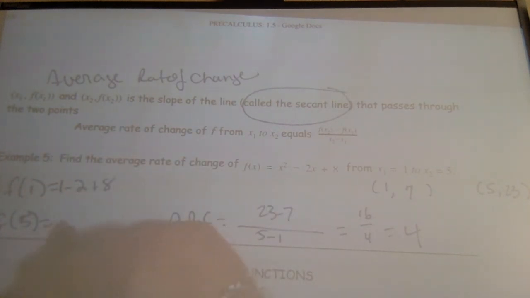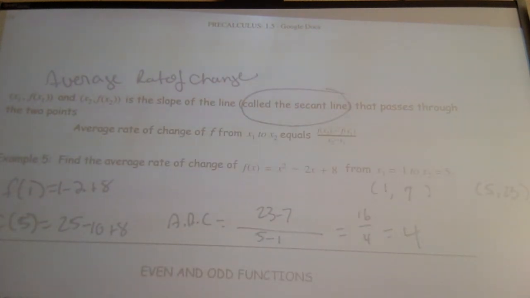When I plug in 5, I get 25 minus 10 plus 8, which gave me my two ordered pairs. And then I just found the average rate of change. Questions?